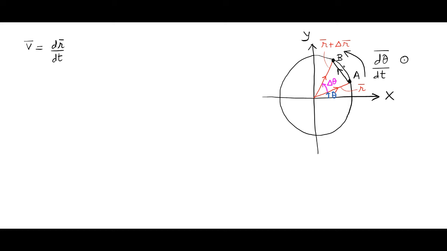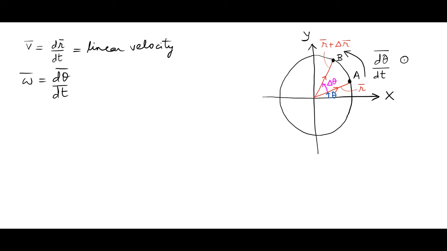Assuming that it's very small, this displacement happens in an infinitesimally small time, so the displacement would no longer be delta r bar but dr bar. So on the one hand, we have the linear velocity of the particle, and we want to relate that with the angular velocity, which is omega bar, which we have defined as d theta bar by dt.